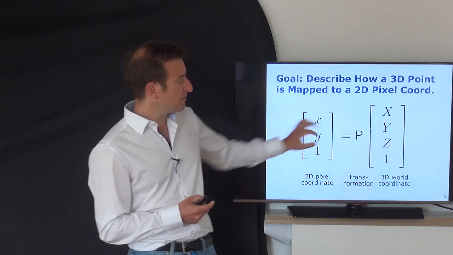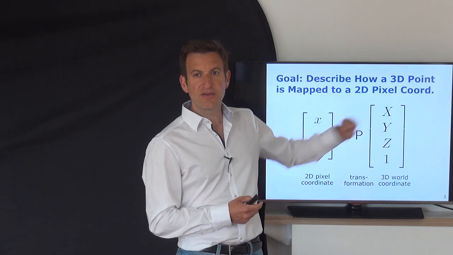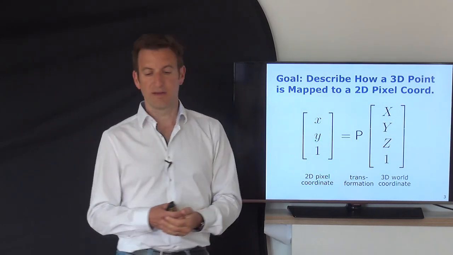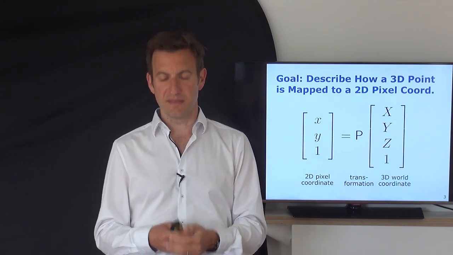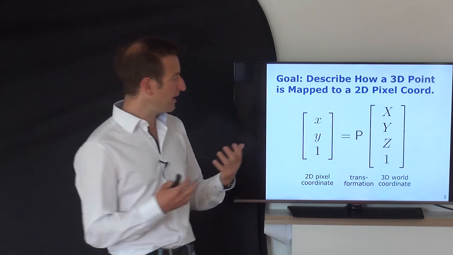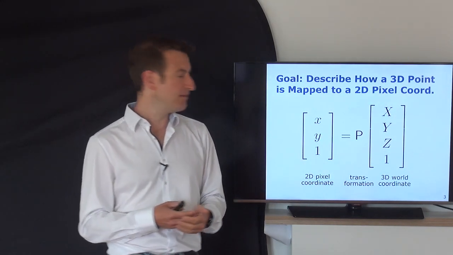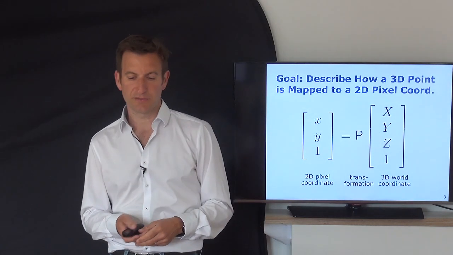Again, just as a reminder, capital characters refer to a point in 3D, and lowercase characters represent a point in the image. So to make your life easier, whenever something is lowercase, it's in the image or in 2D, and whenever it's uppercase, it's in the 3D world.